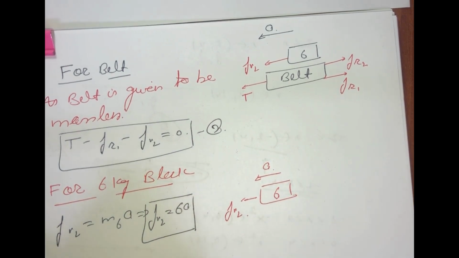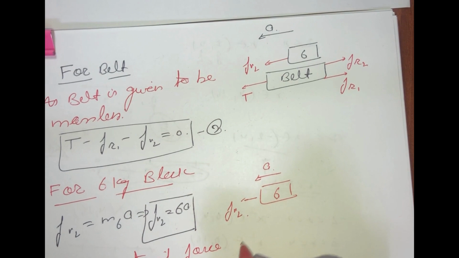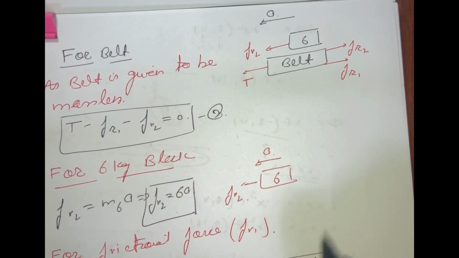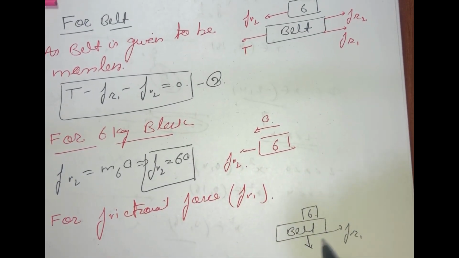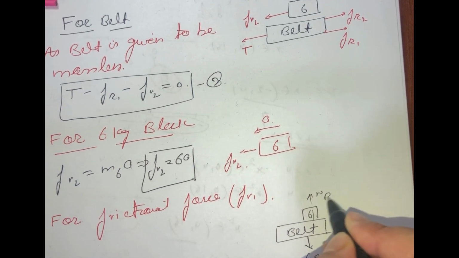Now in case of Fr1, it is between the belt and the table. Here is the belt, here it is our Fr1, and above it we have a 6 kg block. So in the downward direction, as the belt is massless, this will be our 6g, and let us suppose there is a normal force N on the belt.